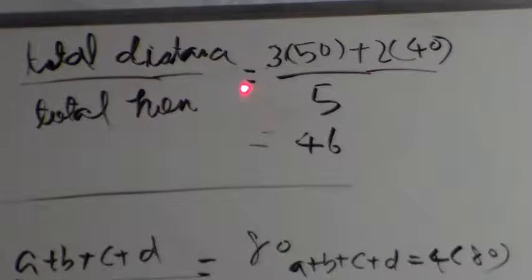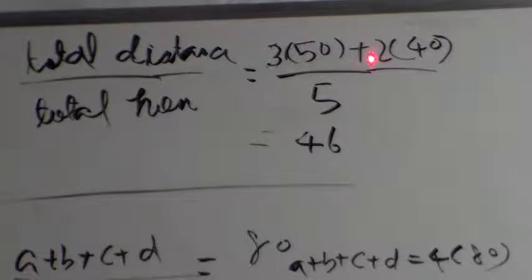So she has 3 miles for 50 hours, and then because in construction it will take less, so 2 hours for 40 minutes, 40 miles. So total distance is this. Then the whole time consumed is 5 hours, right? So total distance divided by total hour is 46 miles per hour. Make sure in the average exam, total distance divided by total hour will be average. Okay.